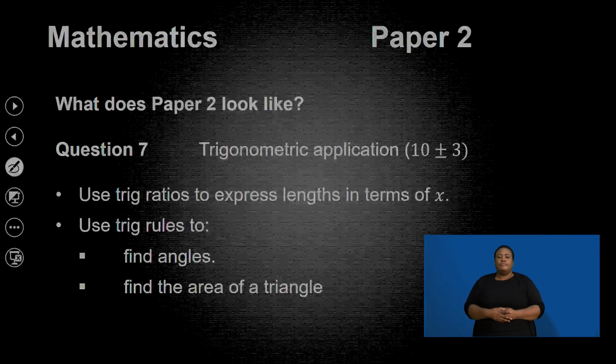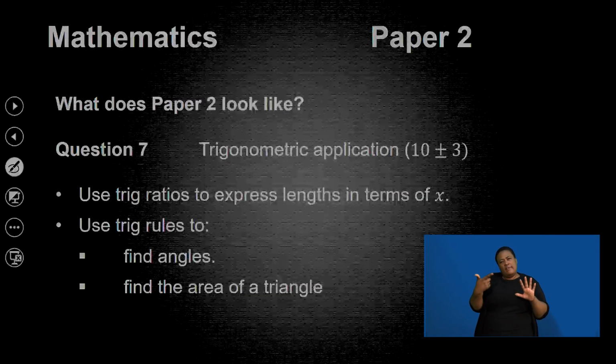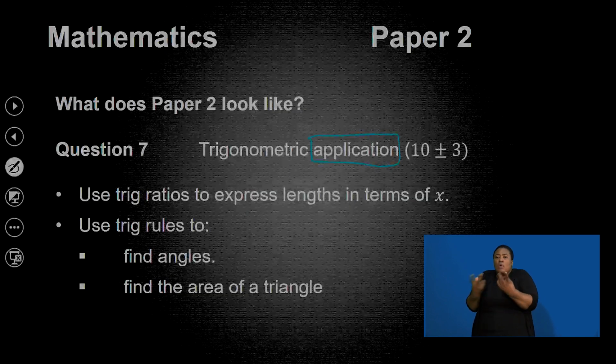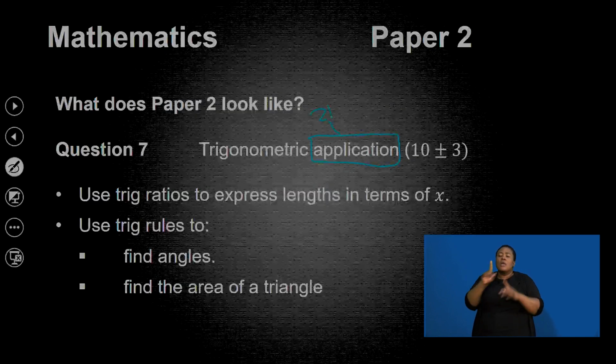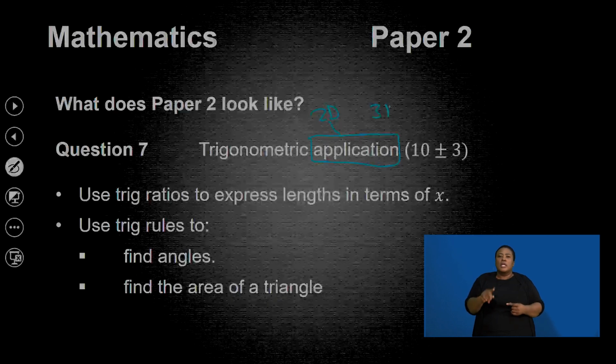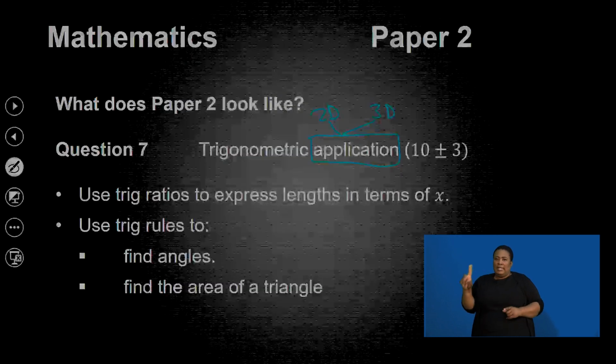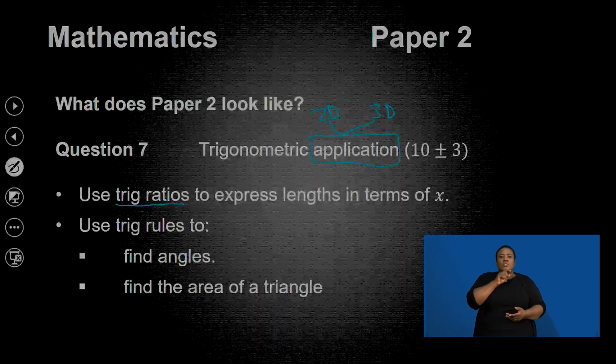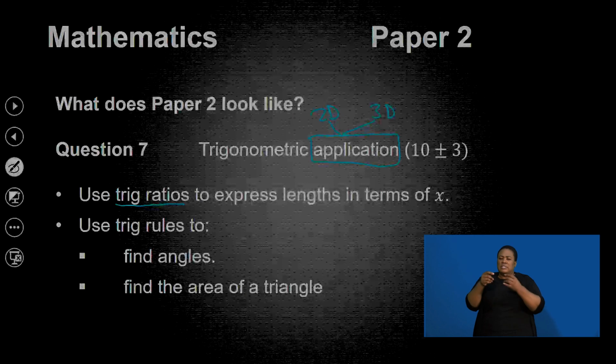And then our question 7 is also trigonometry, but now it's our application of trigonometry. Now application, we're talking about both 2D and 3D. That's mainly where we apply our trigonometry. So we use the ratios to express lengths in terms of x.